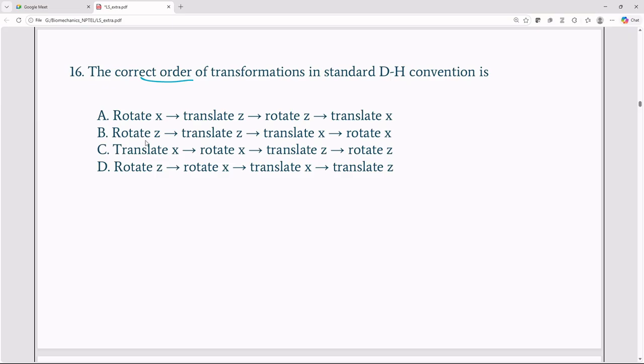Option B, rotate along z, translate along z, translate along x, and rotate along x. Option C, translate along x, rotate along x, then translate along z, and rotate along z. Option D, rotate about z, rotate about x, translate along x, translate along z.